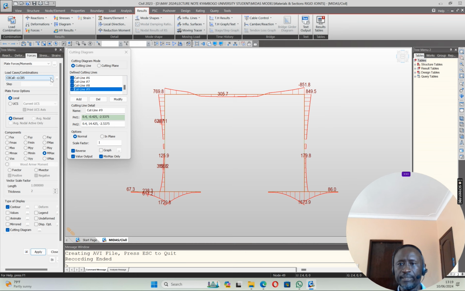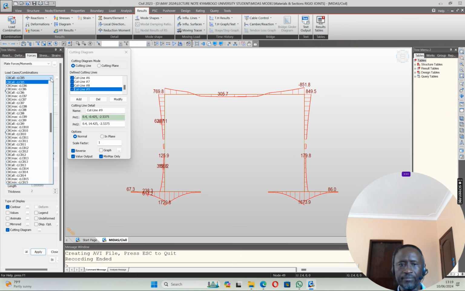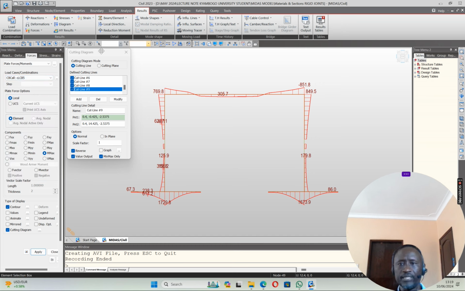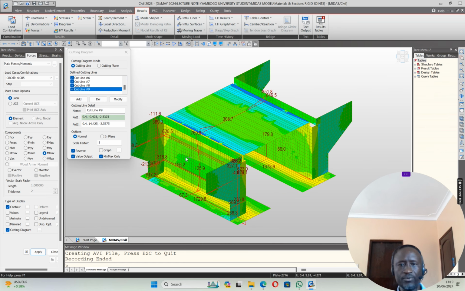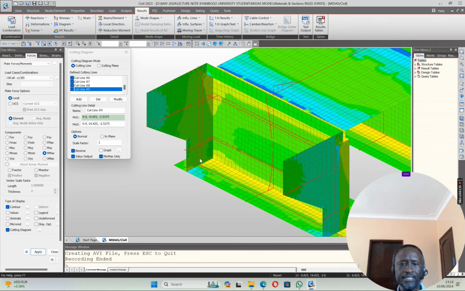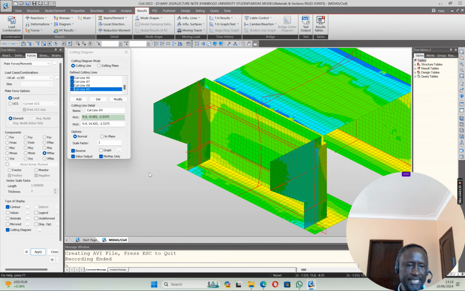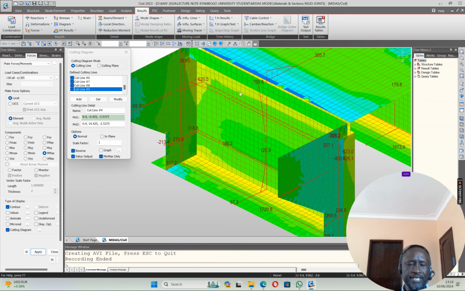What is another difference that we took note of? I also needed you to have a look at the abutment. Normally we design the abutment per linear meter, but if you design per linear meter, you have to be very careful because you may end up underestimating reinforcement in some areas.